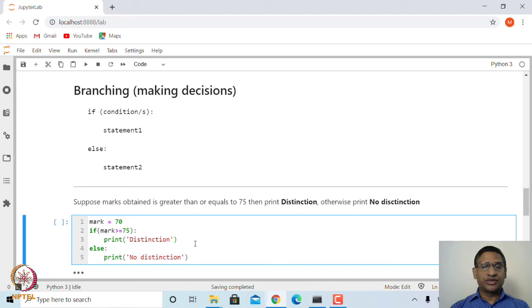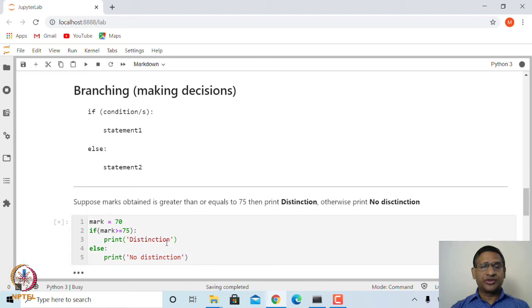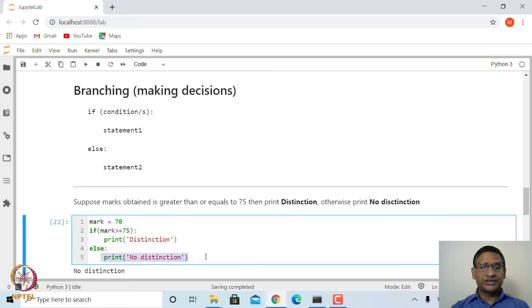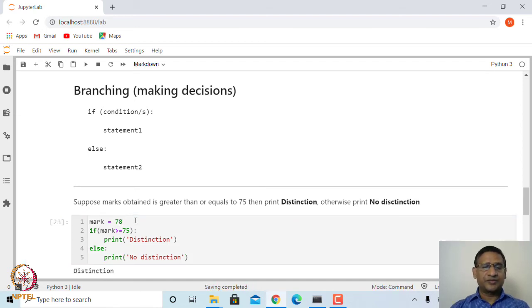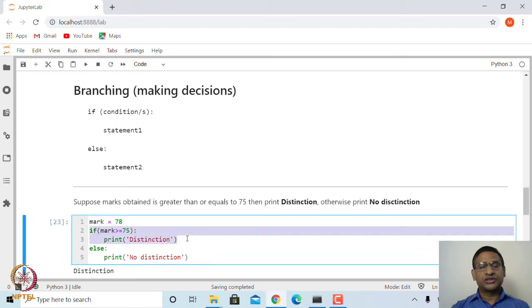If I run this, since the marks is 70 which is less than 75, it will go to this particular branch and print no distinction. If I have marks, let us say 78, and I run this, it will print distinction. So, this branch is taken into consideration.